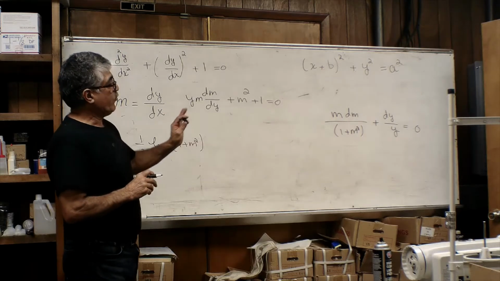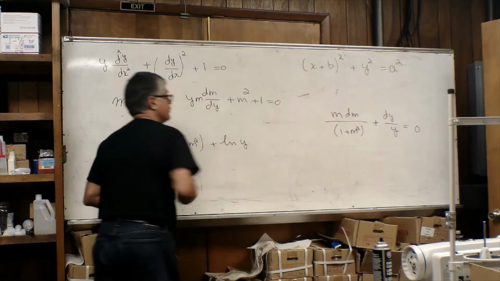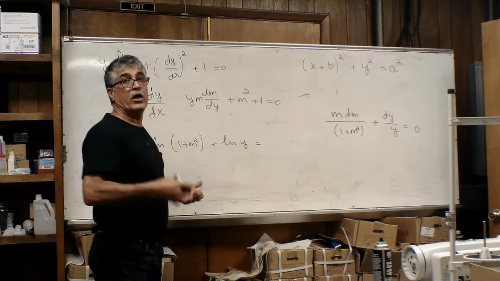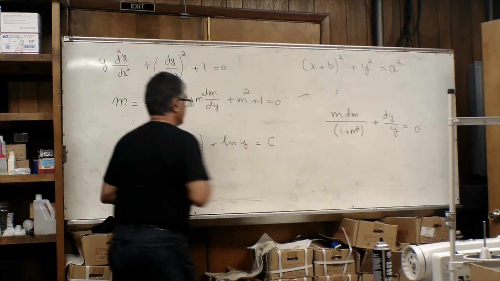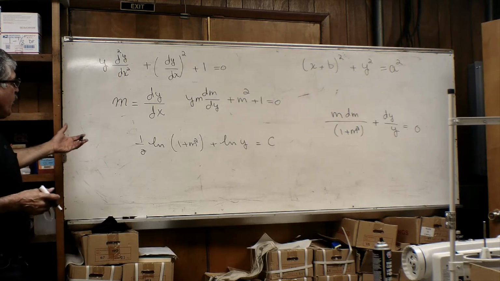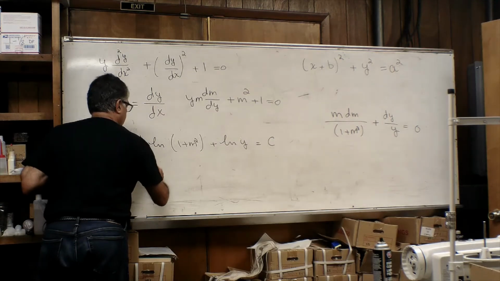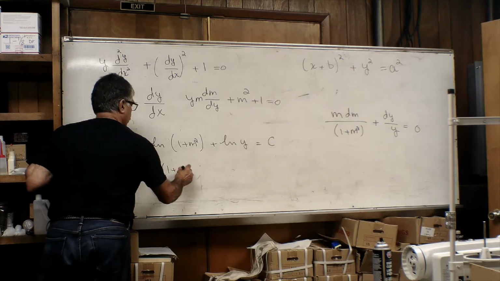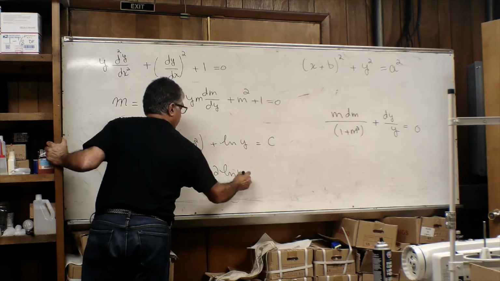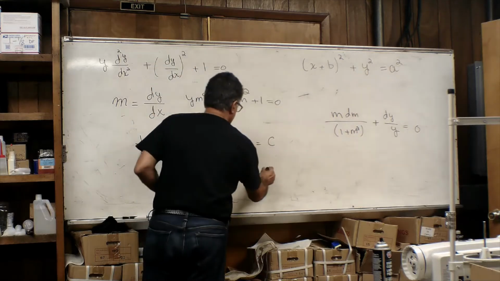And the integration of the second portion is natural log of y, equal to the integration of 0, which is a constant, let's say c. Now let's multiply both sides of this equation by 2. So we are going to have natural log of 1 plus m squared plus 2 natural log of y equal to 2 multiplied by a constant, which is another constant.